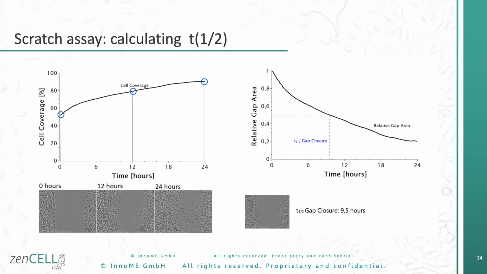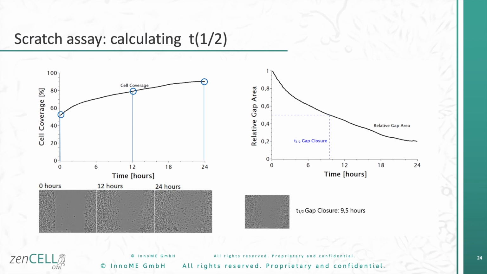And you can see that the cell coverage percent is rising from about 50% to a little bit over 80, below 90%. You can then take this information and match this to the relative gap area and how the relative gap area is shrinking. And if the area has reached 50%, this is exactly the time where you can grasp T1/2 from the data set.